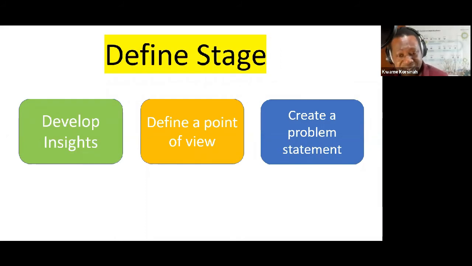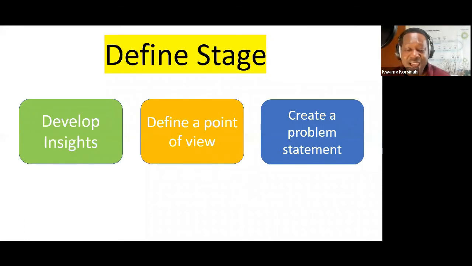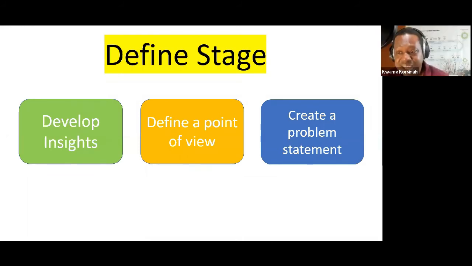We will develop insights and create a point of view after we've done the affinity and identified some top findings. We can then move into creating a refined problem statement that will take us into developing ideas, and then we can start identifying options for the customer in the prototyping and design stage.